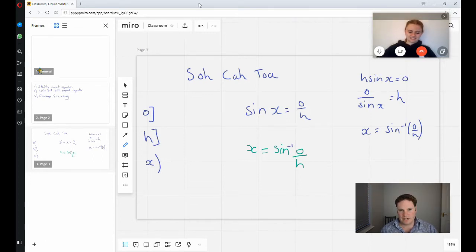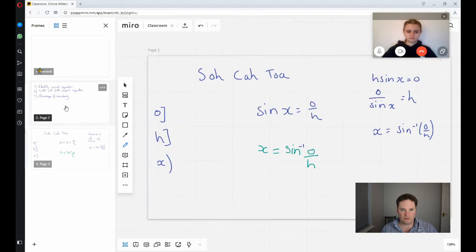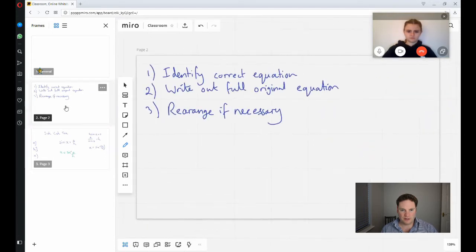Right, let's get back to it. So on page 2, we have our 3 instructions so far. And I guess our 4th instruction will be fill in the numbers.